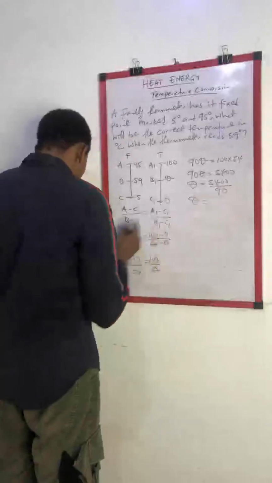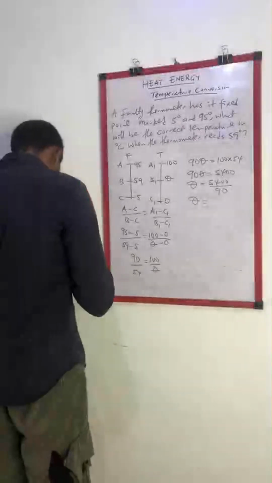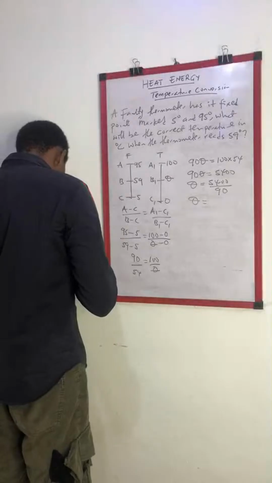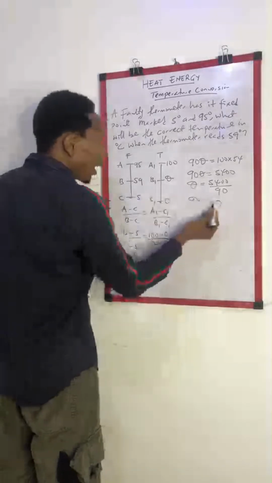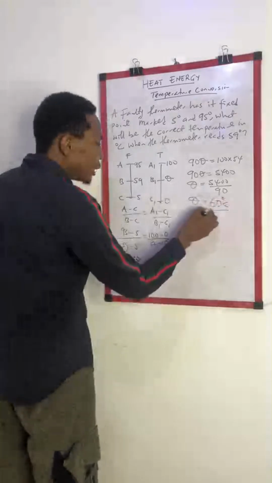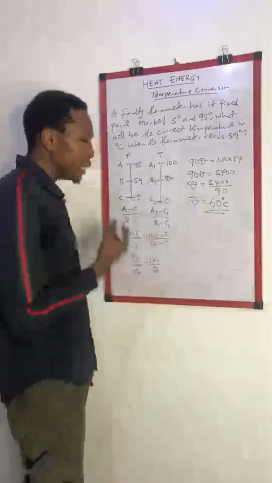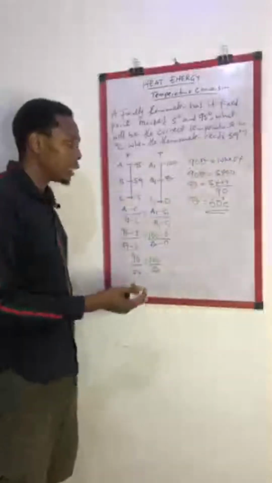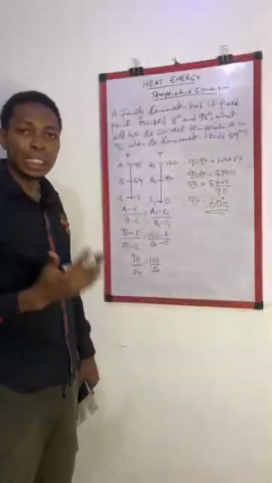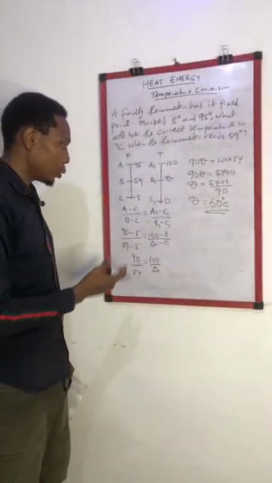So our theta is going to give us 5400 divided by 90. We have 60. So our 60 is going to be what? Degree Celsius. So what we have here is what? 60 degrees Celsius. So when the faulty thermometer reaches 59 degree, then the true thermometer reads how many? 60 degree. So you can copy that.